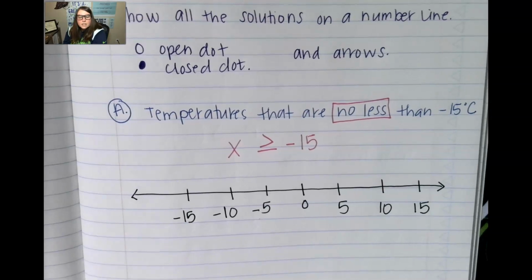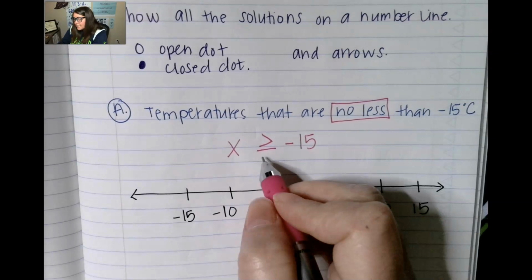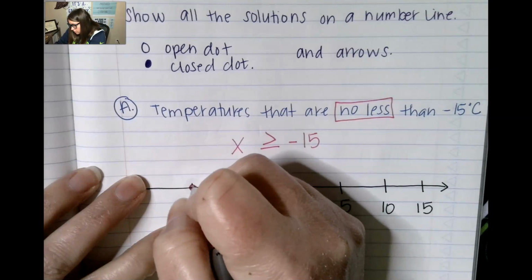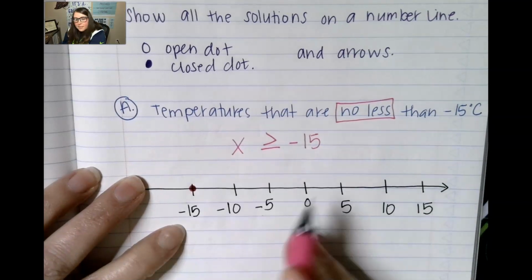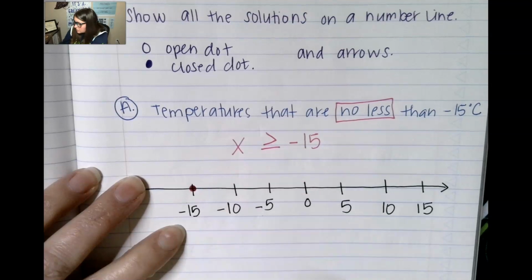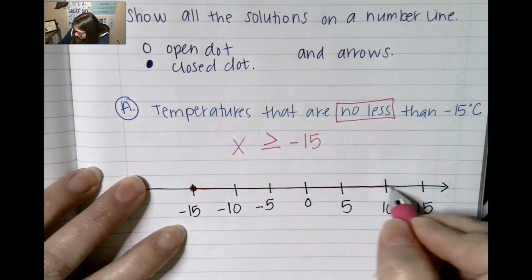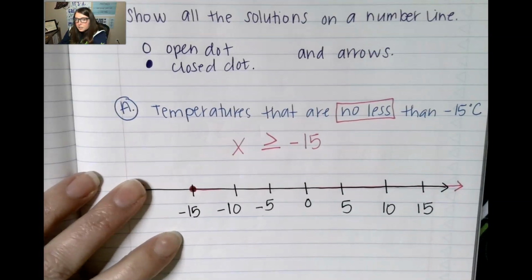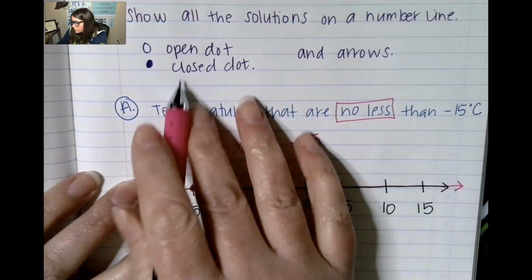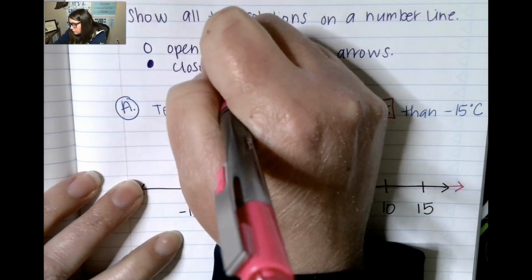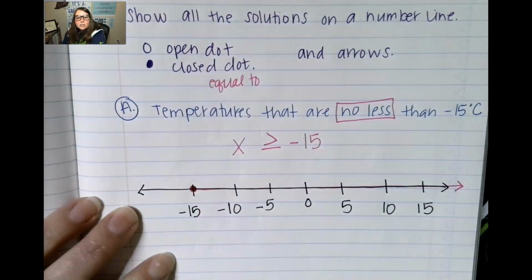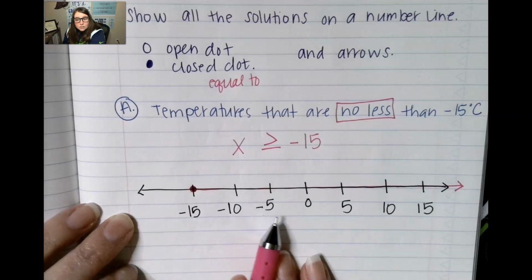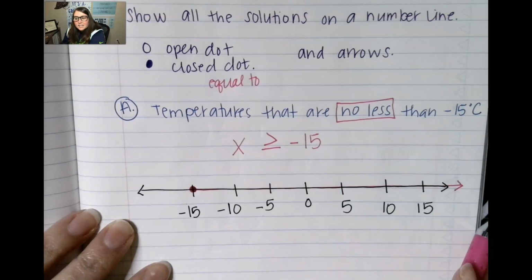The reason why we're going to use a closed dot is because it can include -15. It can be equal to -15, but then it's also no less than that. So it's going to include everything else that goes this direction, all those other temperatures. So we'll use a closed dot because it's equal to, meaning it includes it, but it also includes -10 degrees, -5 degrees, 5, 10, 15, and so on.